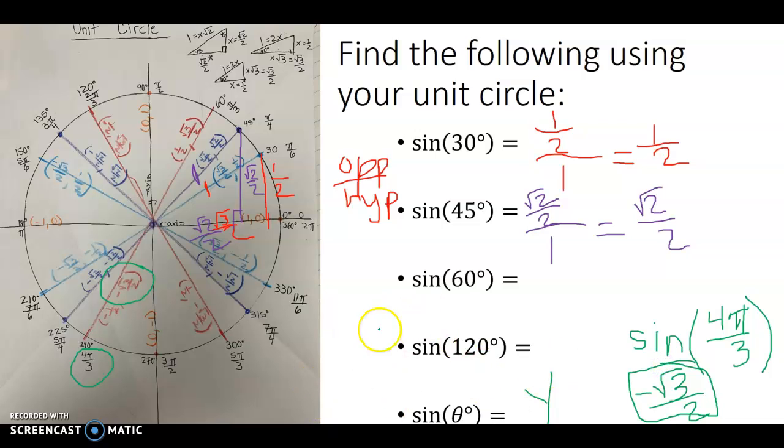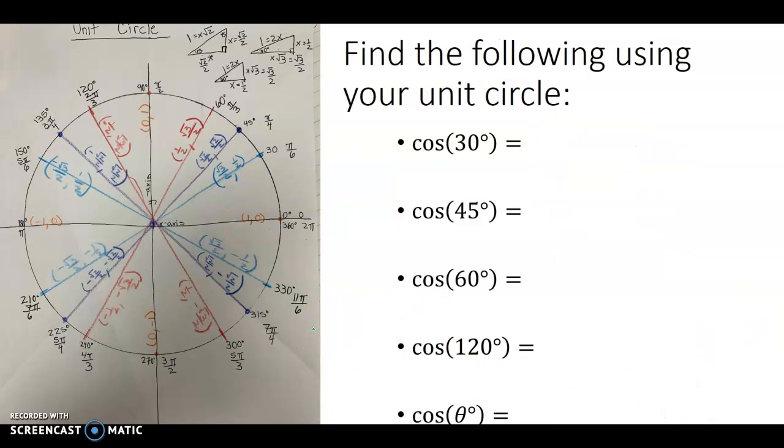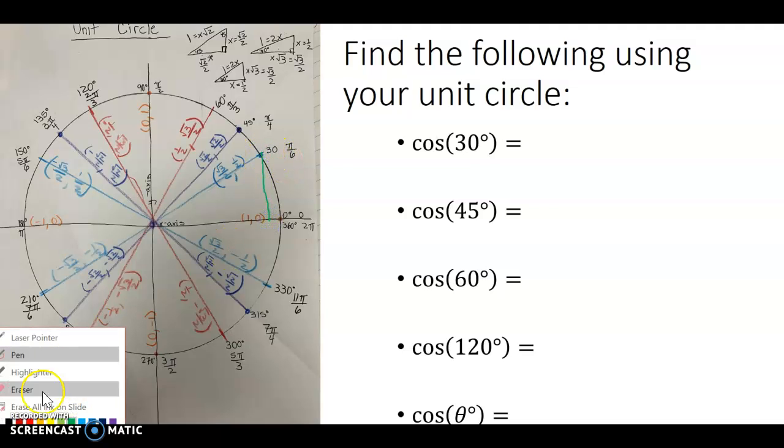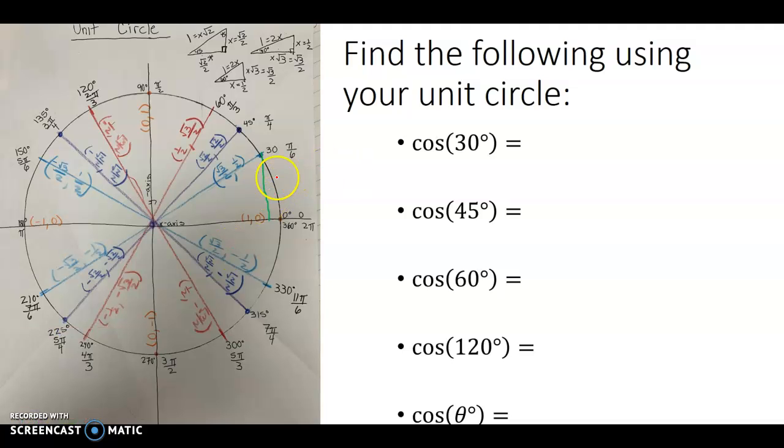Okay? So we're going to do this same idea for cosine. So cosine of 30, the height and the base of our triangle did not change. This is still 1/2. This is still square root 3/2, and our hypotenuse is still 1. The only thing that changes is cosine is adjacent over the hypotenuse.